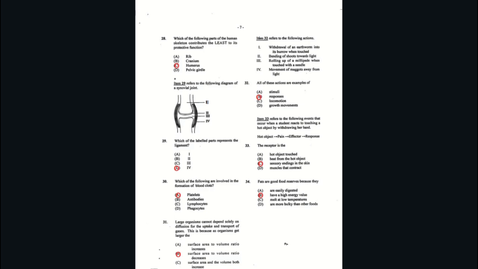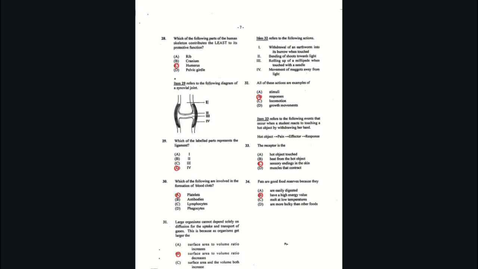Then number 31 says large organisms cannot depend solely on diffusion for the uptake and transport of gases. This is because as organisms get larger, the surface area to volume ratio decreases, which is B. Think about it. For something as small as a cockroach, the surface area to volume ratio works out.